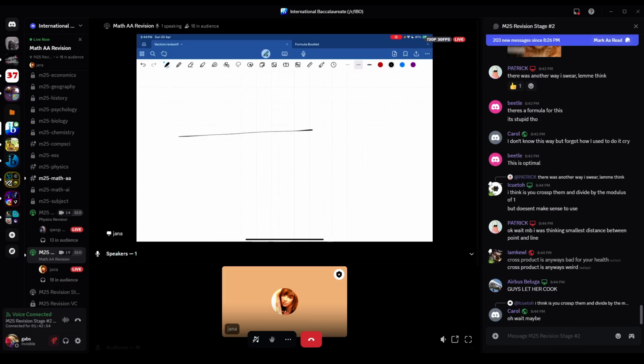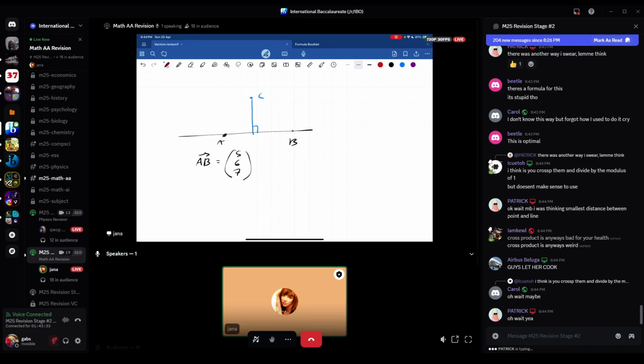Let's say we have a line, and this line is defined by direction vector AB, 5, 6, 7. We have A here, we have B here, whatever. It doesn't matter. And we have a point C that's not on the line, and we want to find the minimum distance. There is a way you can do it where we know that we have this direction vector, because it's just OC, right? It's from the origin to C. We can find the direction of C, cross it with AB, and then get the cross product to find the area of this parallelogram.